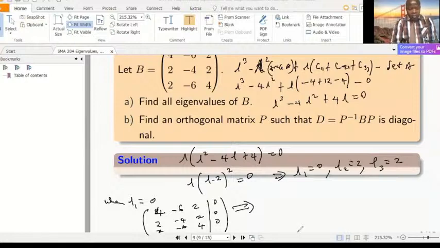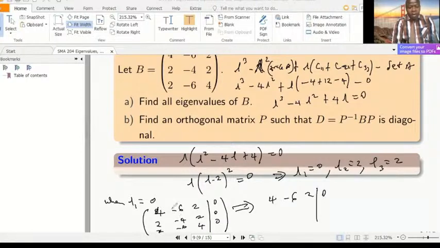So when I reduce this, let me just maintain the 4, -6, 2, 0.